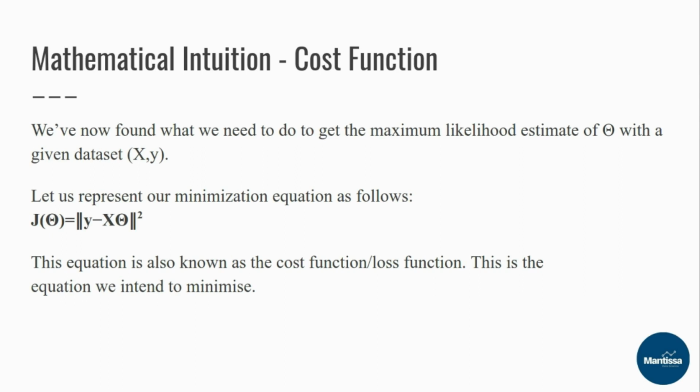Now, if we minimize this loss function, we will get what we want, which is the parameters theta, the best estimate for parameters theta given the data set x comma y. All right? How are we going to minimize this equation? That is now our focus for the rest of the video. We've reached a stage where we have a minimization equation. How do I minimize this?